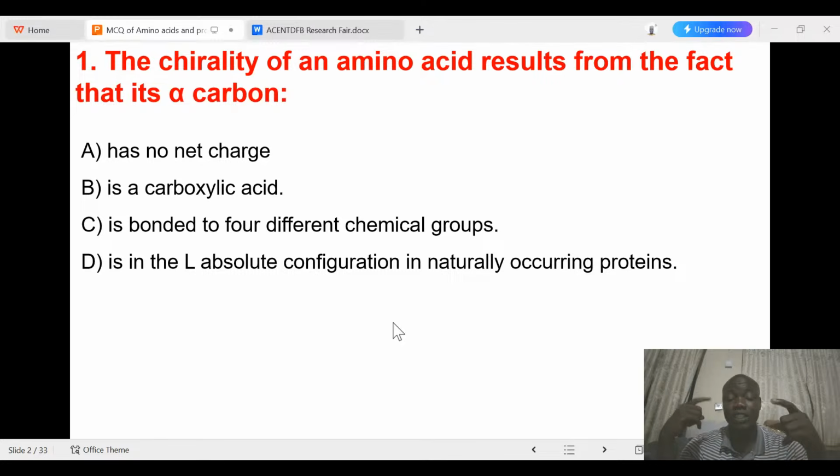We have 19 amino acids that have a chiral alpha carbon. So which of the 20 amino acids doesn't have a chiral alpha carbon, and why?